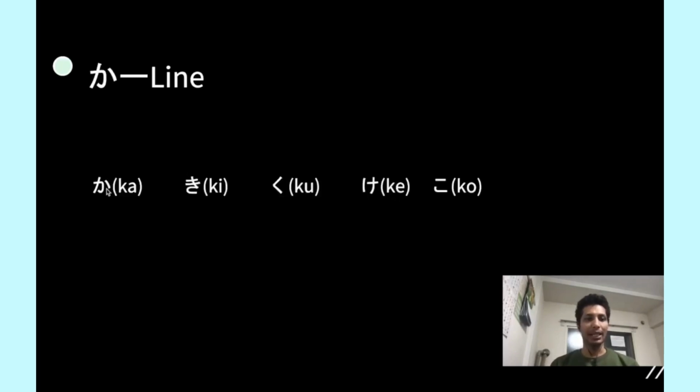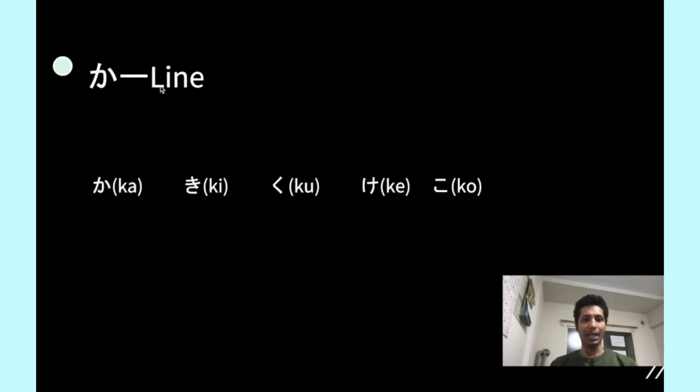In the ka line we have ka. Later on we will be learning how to write it exactly, and how to mark the lines to make the correct characters of the writing system.